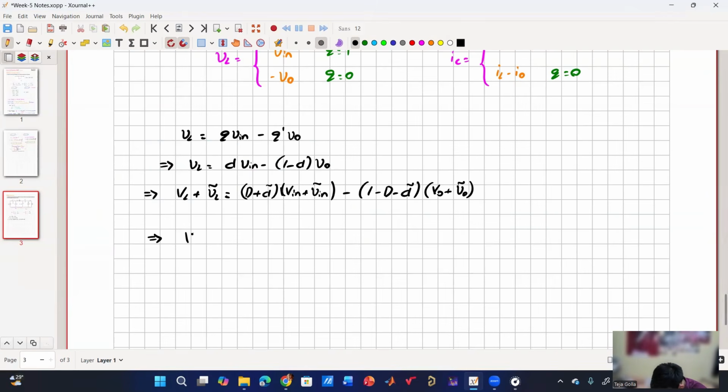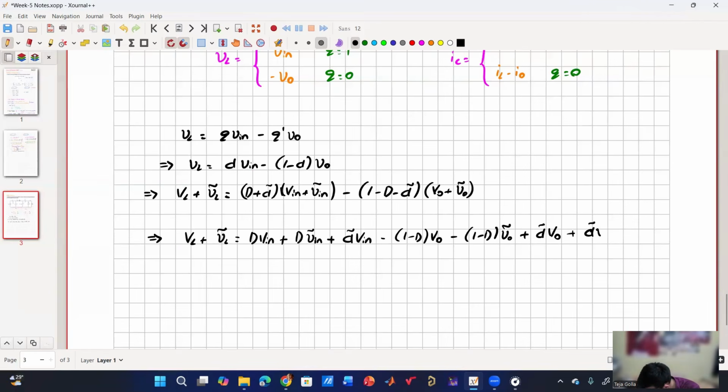So I'll get VL plus VL tilde is equal to D into Vin plus D into Vin tilde plus D tilde into Vin, minus 1 minus D into V0, minus 1 minus D into V0 tilde, plus D tilde into V0, plus D tilde into V0 tilde.